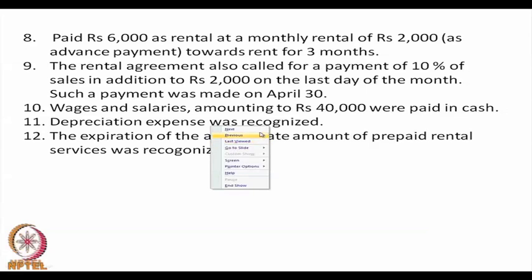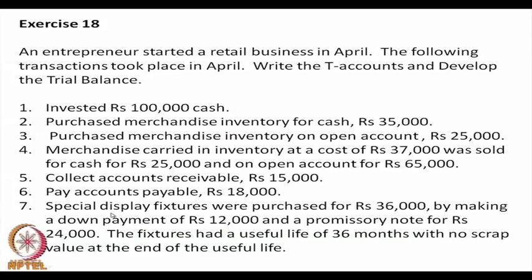Now, we see transaction 7. In transaction 7, we are saying that the company, the entrepreneur, purchases special display fixtures for rupees 36,000, of which 12,000 he makes as down payment. So, 12,000 is the cash payment.